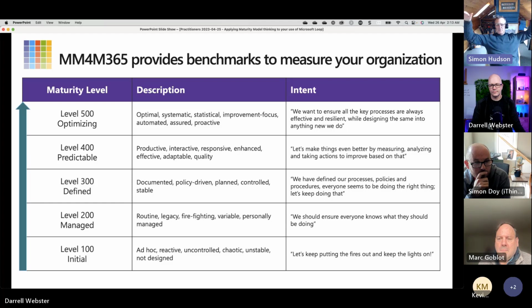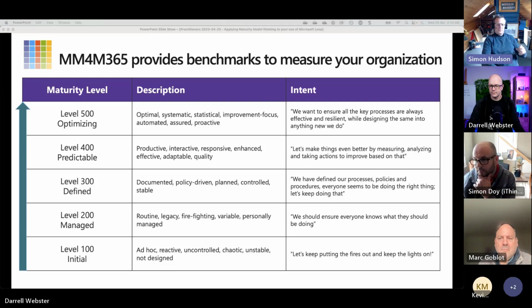Then we move up into the upper echelons, level 400, where you've got active processes for improving your processes and capabilities, and level 500, where you've got techniques for optimizing that, often, interestingly, using AI and really potent and automated, maybe auto-remediating feedback loops. So this is what the maturity model looks like.